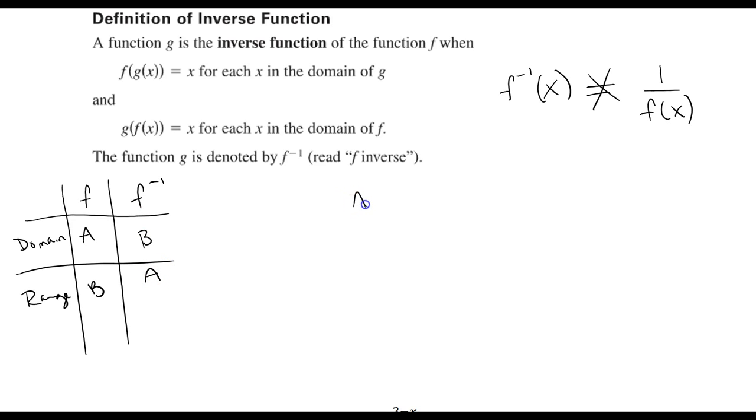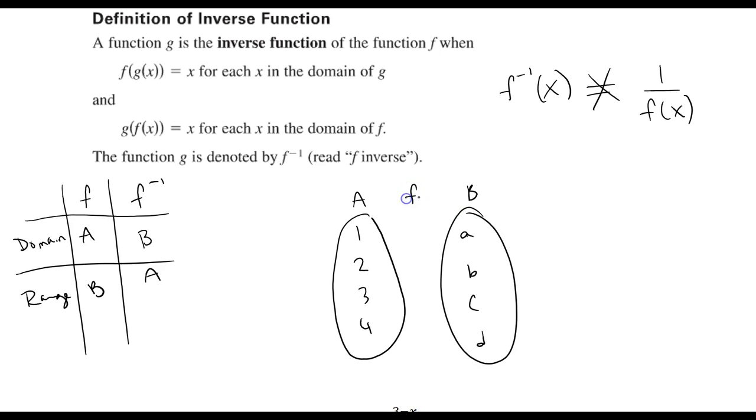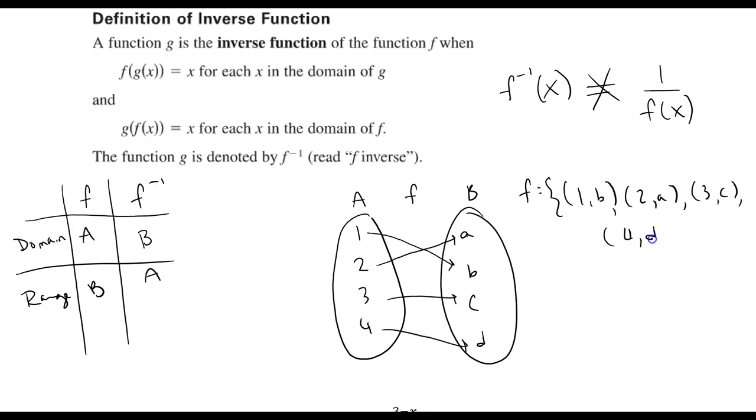So if you had, for example, a set A where you had the numbers 1, 2, 3, 4 in your set A, and I'm just going to draw a bubble around it, and your set B was the letters A, B, C, D. If you're defining a function f from A to B, let's say 1 maps to B, and 2 maps to A, and 3 maps to C, and 4 maps to D, then f would contain the ordered pairs 1b, 2a, 3c, and 4d, whereas f inverse would go in reverse, and it's just like you turn all of those arrows around.